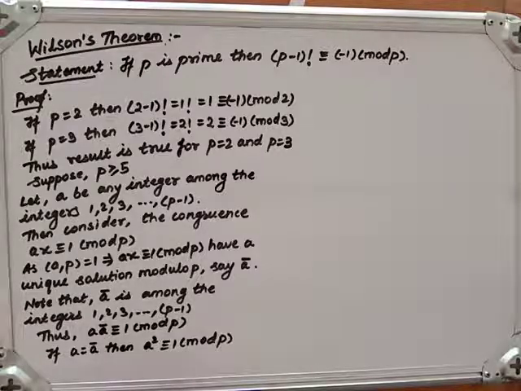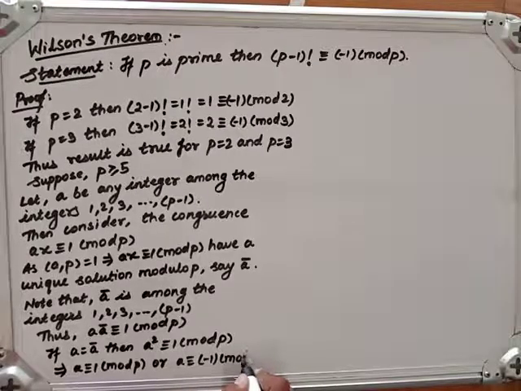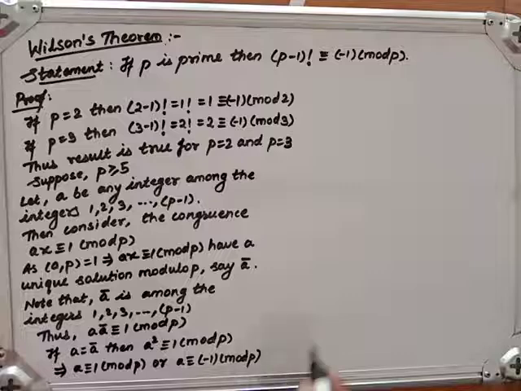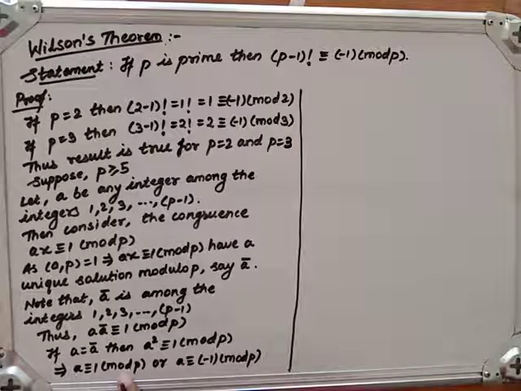But if a square is congruent to 1 modulo p, from the lemma we have seen, it will give either a congruence to 1 modulo p or a congruence to minus 1 modulo p.